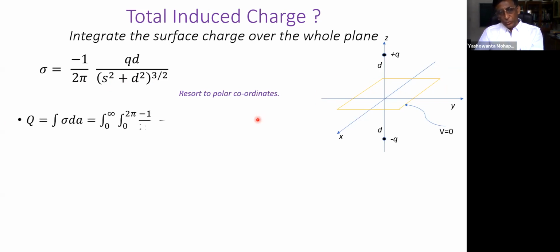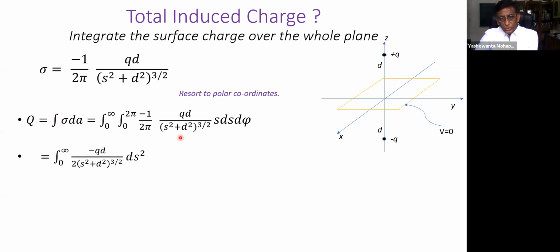So what is the total q? Total q is the integral of sigma dA, which in polar coordinates is s ds d phi, with phi going from 0 to 2 pi and s going from 0 to infinity. That's a simple integral, so I worked that out.